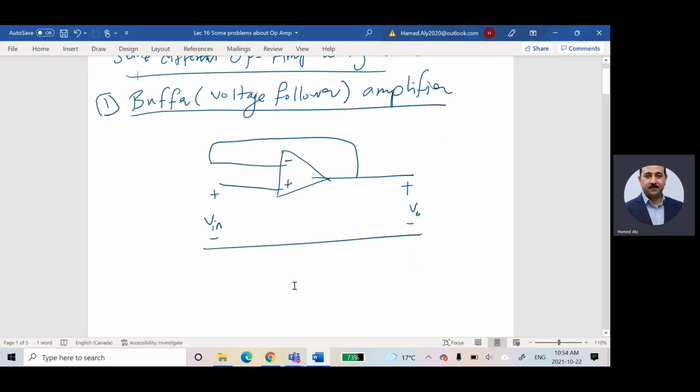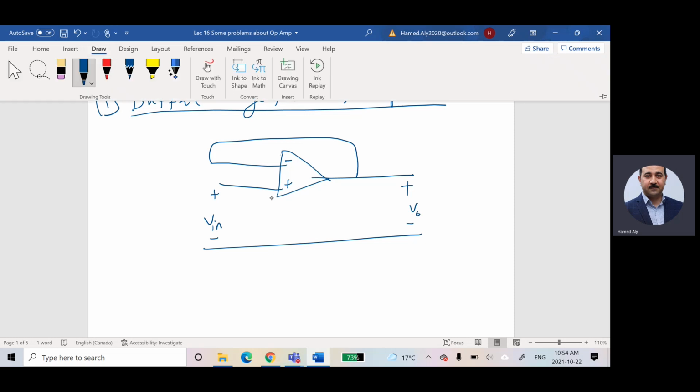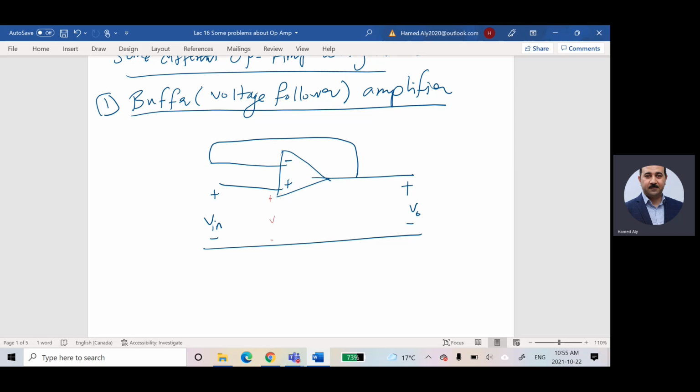So what is the relation between VP and VN? They are equal. So this guy, if I change the color, is VP and the voltage for that point is VN. So I can say VP is equal to VN.